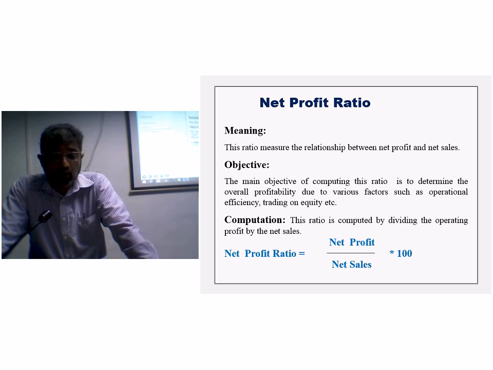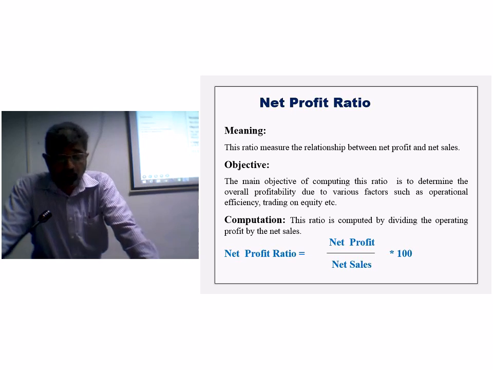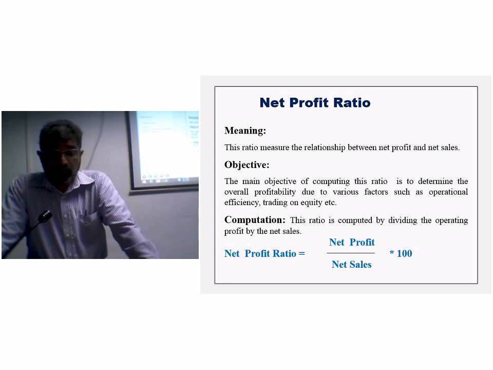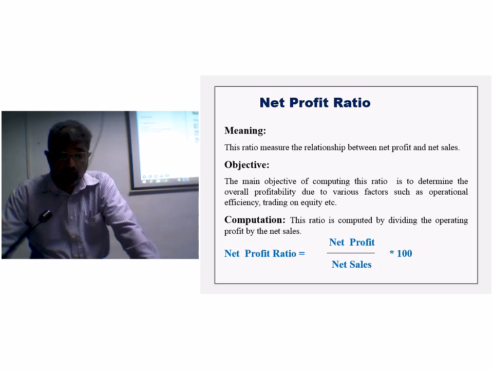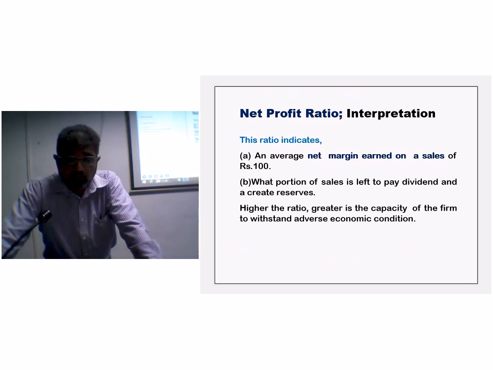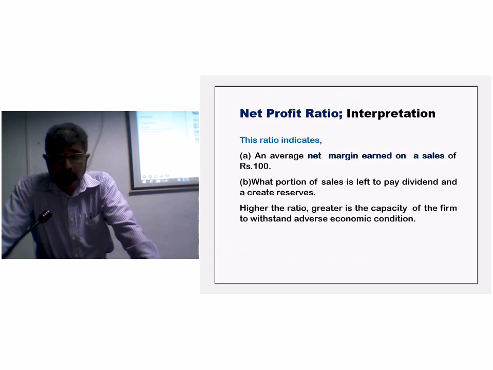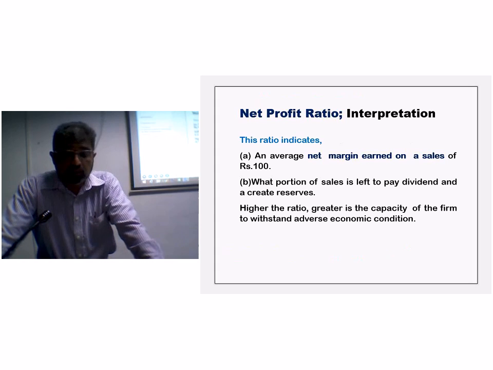This is the final result of the organization, net profit as a percentage of sales. How to interpret that result? An average net margin earned on a sales of 100. That is the net result. What proportion of sales is left to pay dividend and create reserves? Right up to this point.